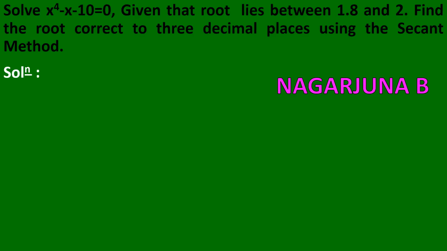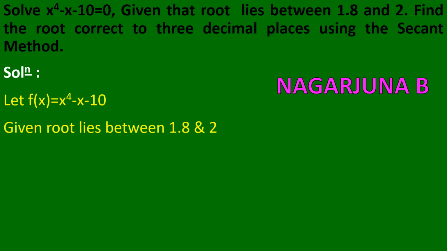So the solution for this equation: whatever the given equation is, consider that as f of x. So we can write, let f of x equal to x to the power 4 minus x minus 10. They have given that the root lies between the interval 1.8 and 2.